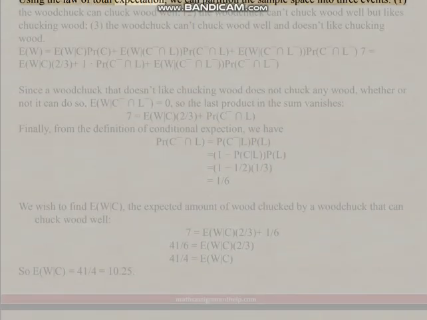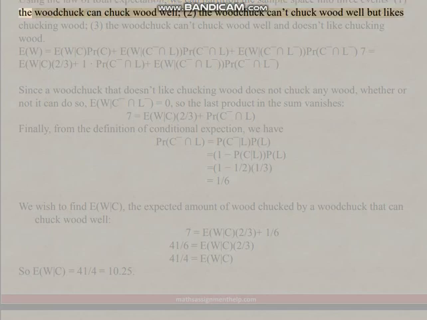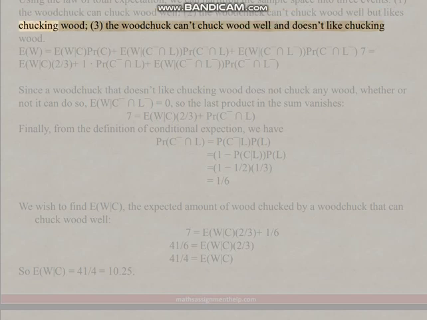Using the law of total expectation, we can partition the sample space into 3 events. 1. The woodchuck can chuck wood well. 2. The woodchuck can't chuck wood well but likes chucking wood. 3. The woodchuck can't chuck wood well and doesn't like chucking wood.